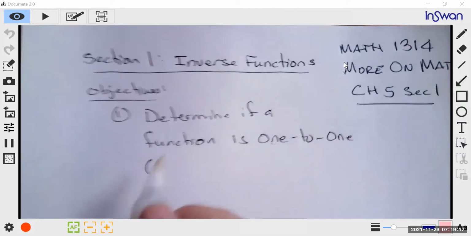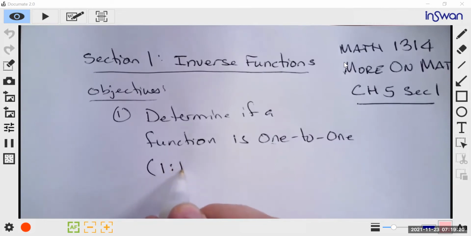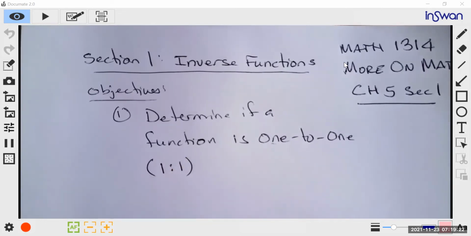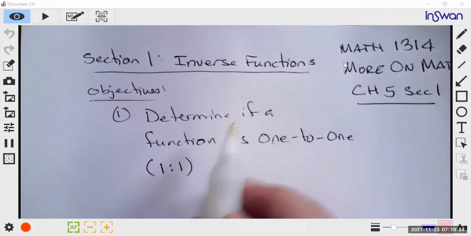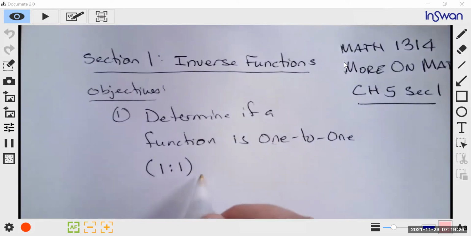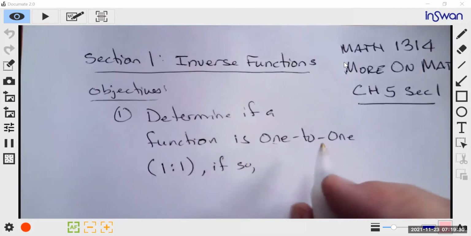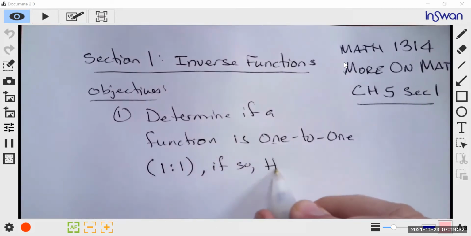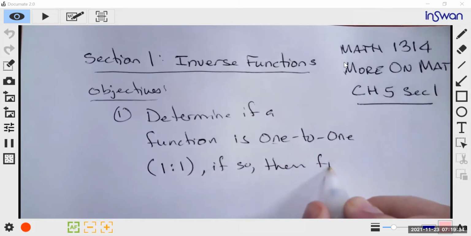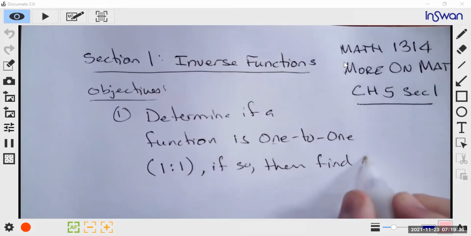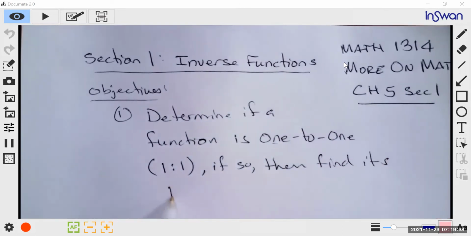When instead of writing out one-to-one, I'm just going to put this as an abbreviation. We're going to determine if the function is one-to-one. If it is, then we're going to find its inverse.